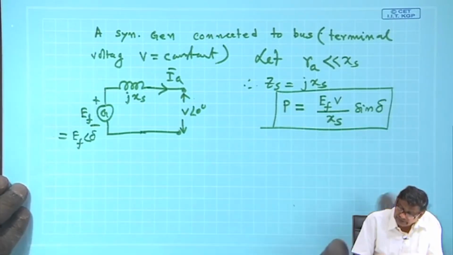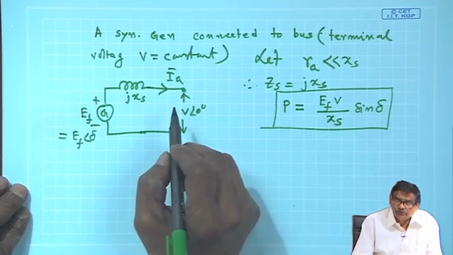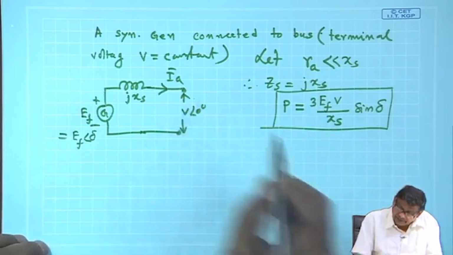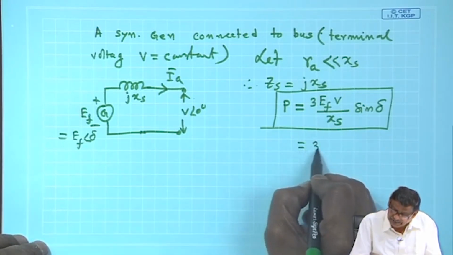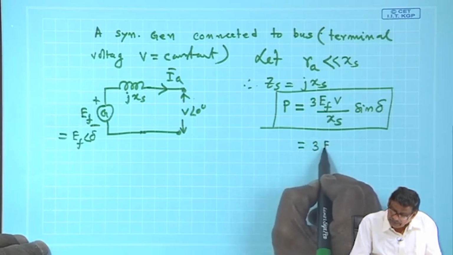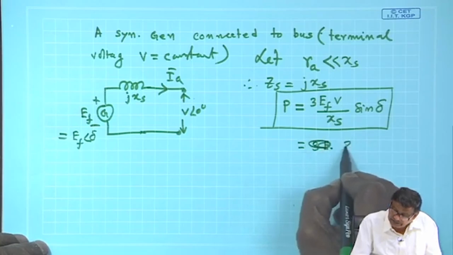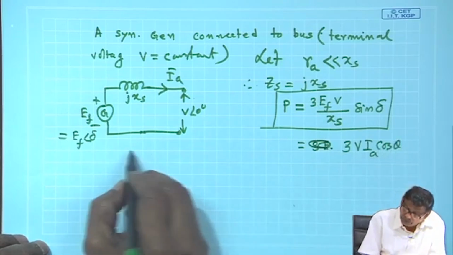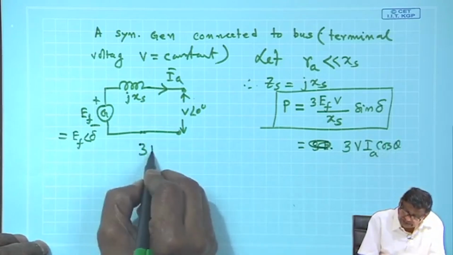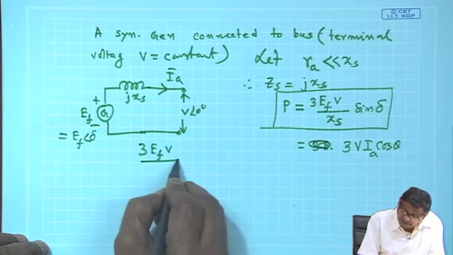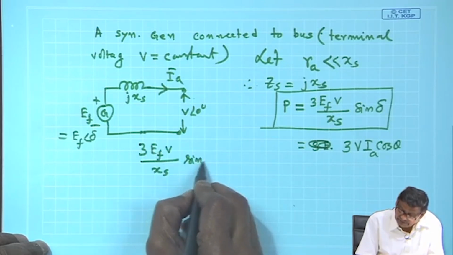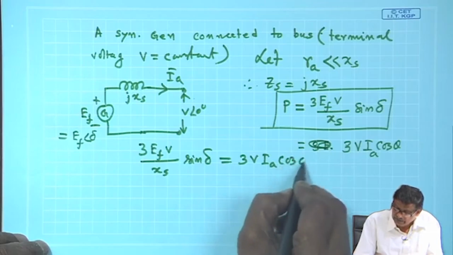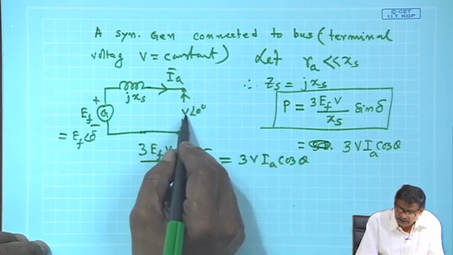It is also true that the real power, 3 times per phase, is 3 V IA cos theta. So, 3 EF V by XS into sin delta must be equal to 3 V IA cos theta, where theta is the power factor angle of the load, the angle between V and IA.